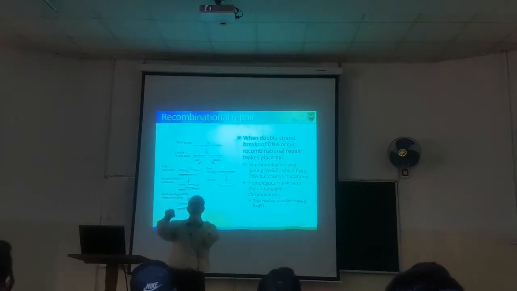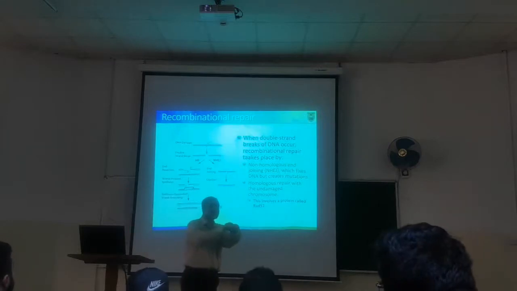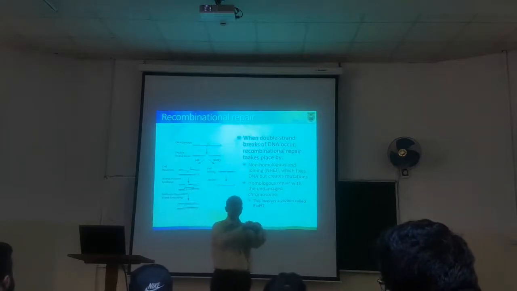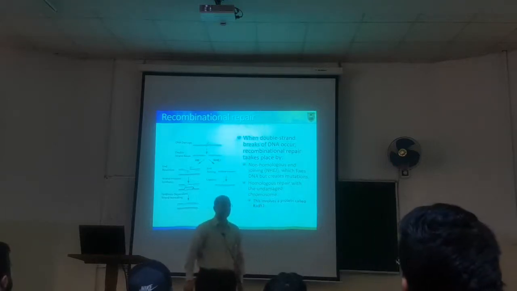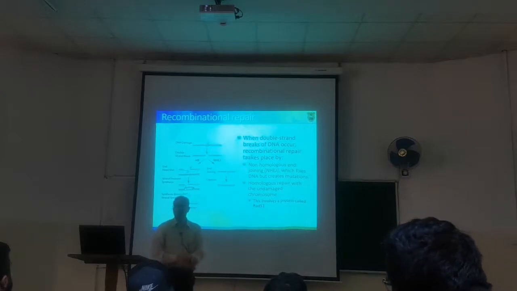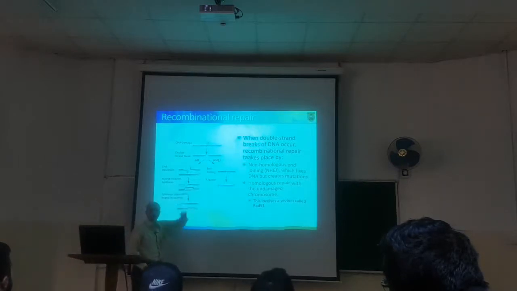So non-homologous end joining. Now, the problem with this system, although it fixes the DNA, it creates mutations that as it attaches the strands together, some bases can be deleted in the chromosome. Okay? The other system is known as homologous recombination, which takes advantage of having a homologous chromosome.